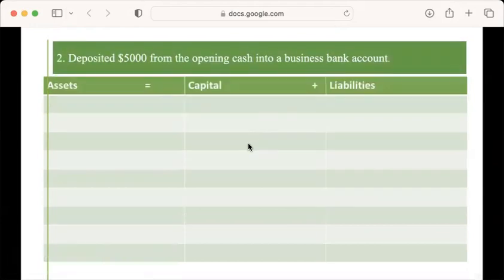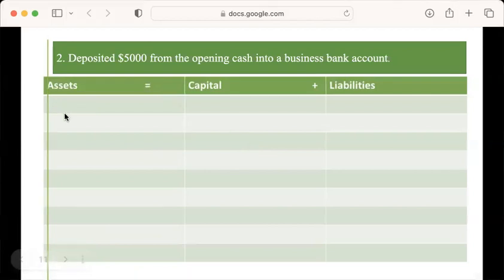Another transaction: deposited $5,000 from the opening cash into a bank account. Earlier the business got 10,000 pounds, but in cash. The money was there in the drawer in the office. But now the business decides to open a bank account in the name of the business and deposit $5,000 into the bank.